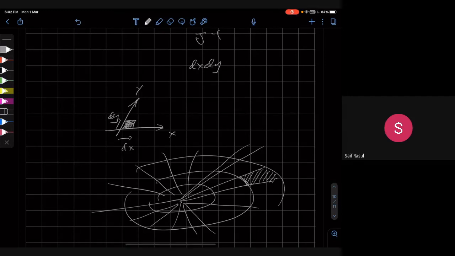And of course, this side is not d theta. It's rho times d theta. And this side is d rho. And this really comes from the Jacobian factor, right? So when you learned curvilinear coordinates, you were told about these things, the geometric interpretation.